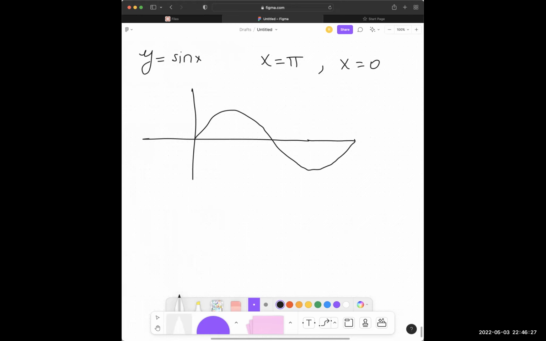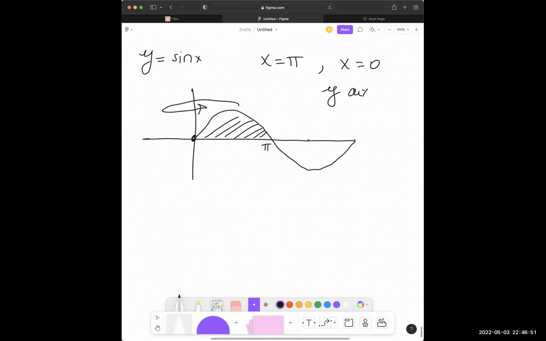And the idea is that we only want to go from these 2 points. This is the bounds, right? One is 0, and the other is pi. We know that pi is here, right? And what you're doing is taking this area here and revolving it around the y-axis.